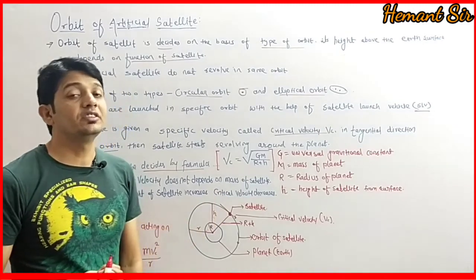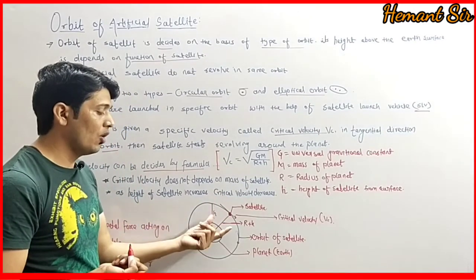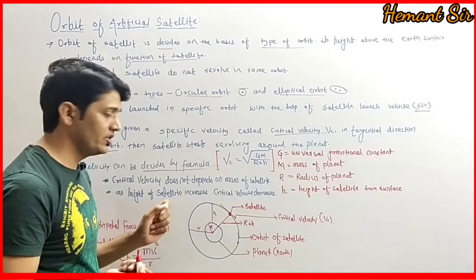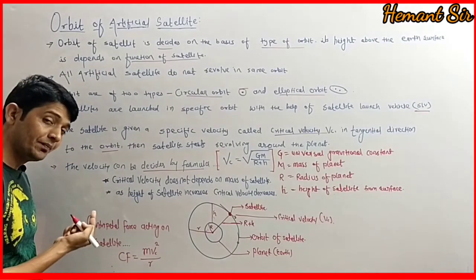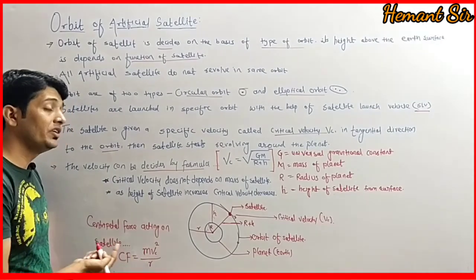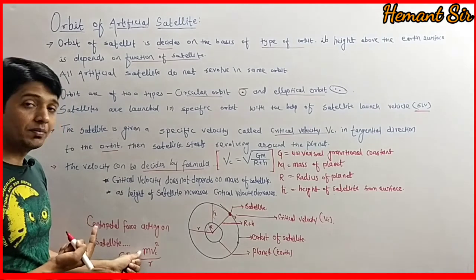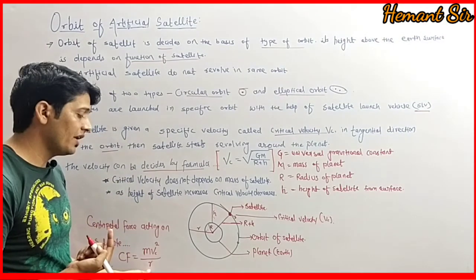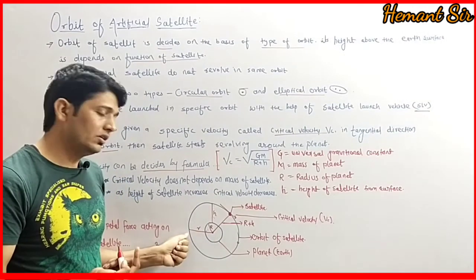That velocity is decided by the centripetal force acting on the satellite due to the planet. The formula is mv² divided by r, where m is the mass of the satellite, vc is the critical velocity, and r is the distance from the center of the earth to the satellite.